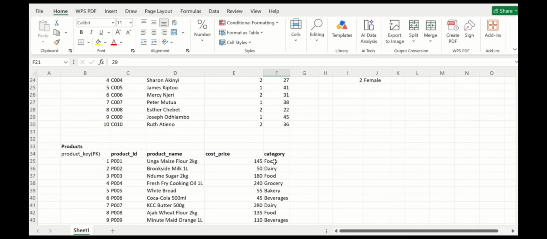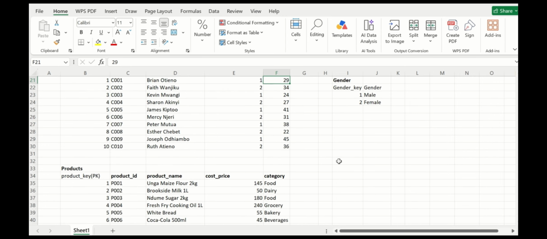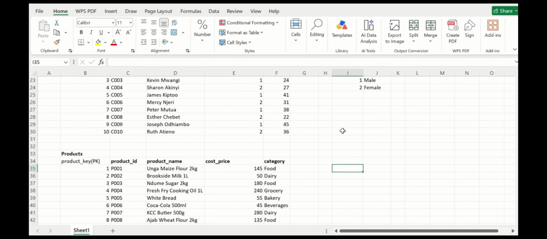That means we also need to create a table specifically for this category. So let's put the category column here.